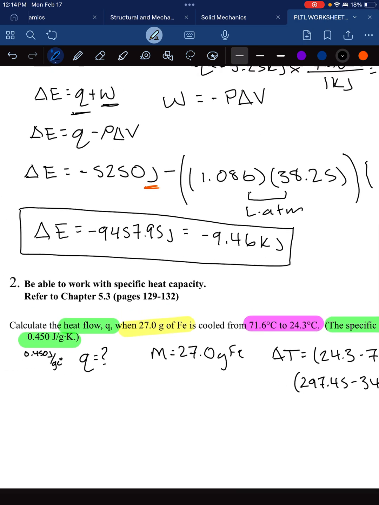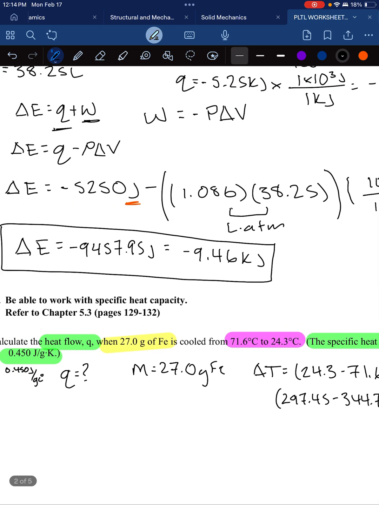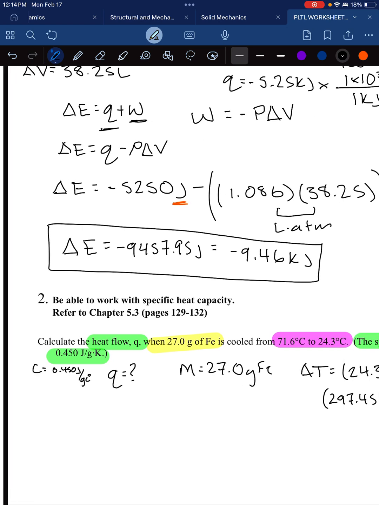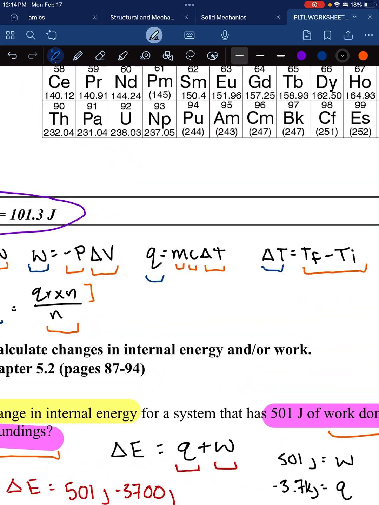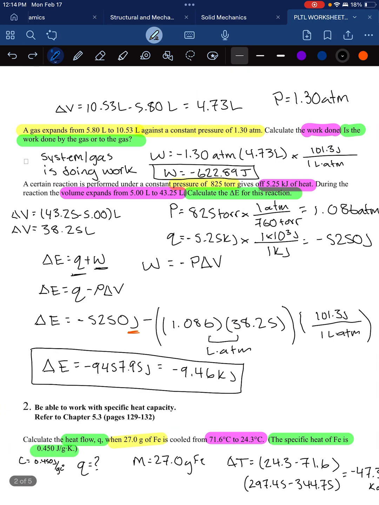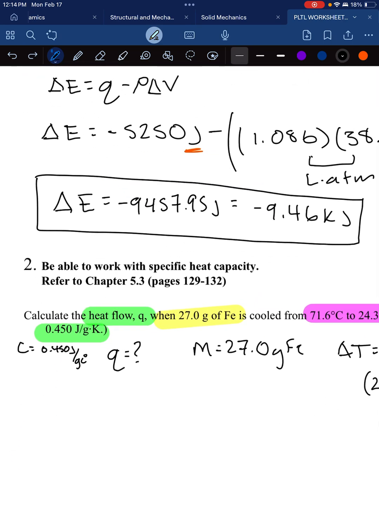Okay, let's move on. So we just found delta T. I took up a ton of space, and I can actually reuse this over here. See that C, or specific heat capacity, as shown in this equation here, is 0.450 joule per gram Celsius, or Kelvin.